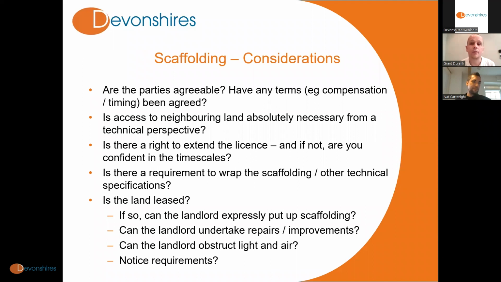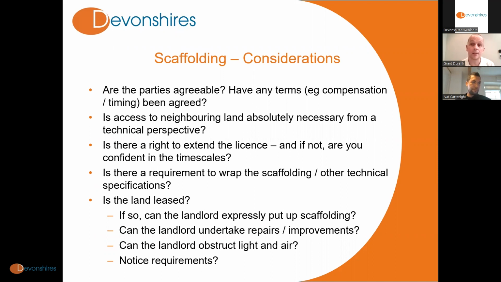So it's worth considering that right from the outset. Just on timing, it's worth giving some thought to whether you would have a right to extend the licence. It's not uncommon to have a licence of an initial period with a right to extend if certain things haven't happened.